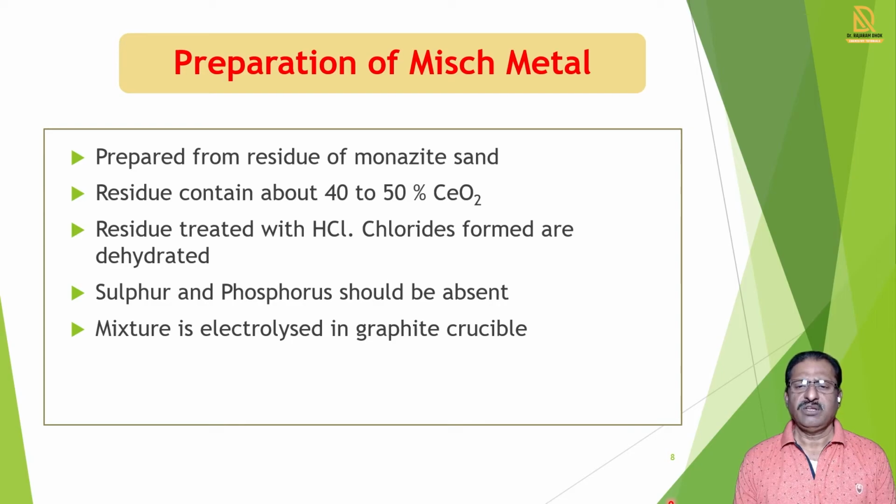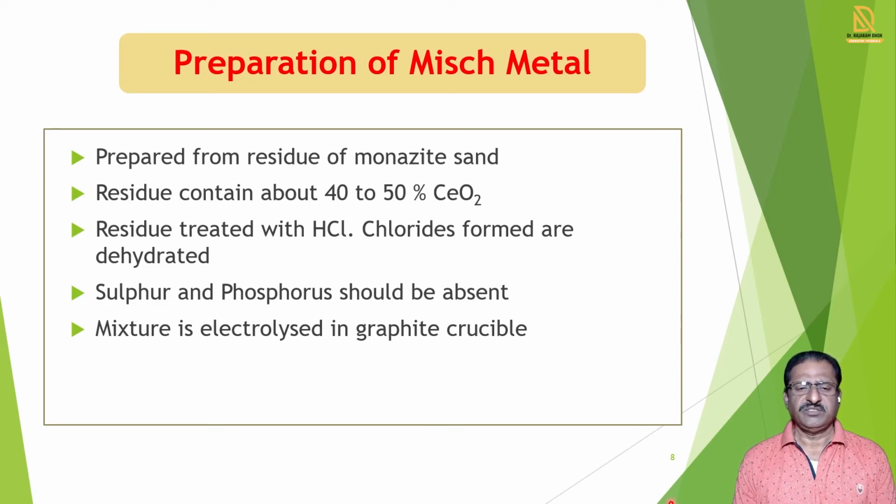So this mixed metal is separated from the residue of monazite sand, because when we separate thorium from the monazite sand, some other material, or waste, is given out, and that waste contains this mixture of lanthanide elements, and in that it contains cerium oxides. So that cerium oxide and other elements which are given out from the monazite sand are used for the preparation of this mish metal.